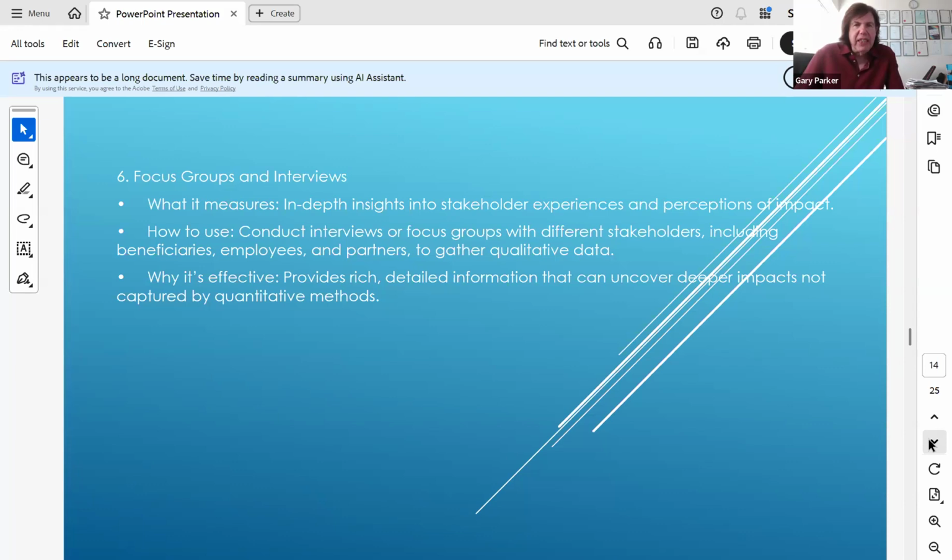Why it's effective: it provides rich, detailed information that can uncover deeper impacts not captured by the quantitative methods. Because going back to the employment project, if it's a KPI that people get into employment, by having a focus group, you can dig deeper into that. We're measuring this on one of our programs at the moment: have people got a good job?